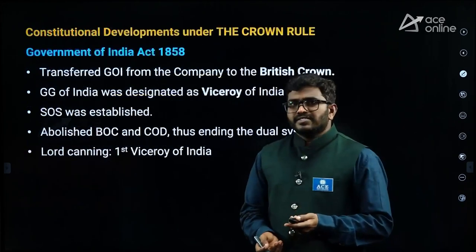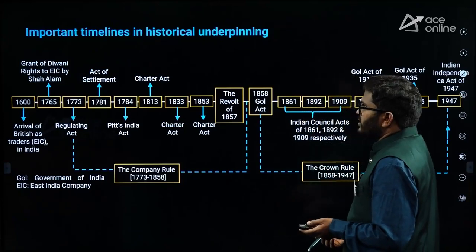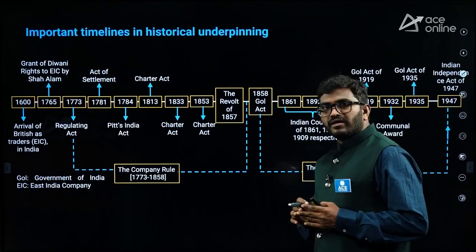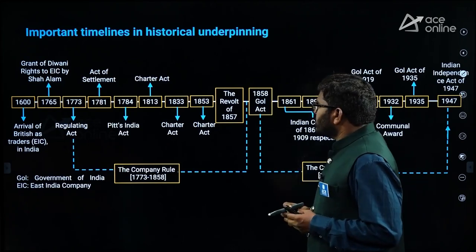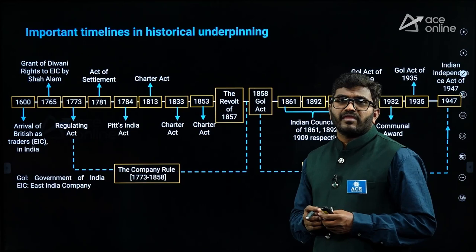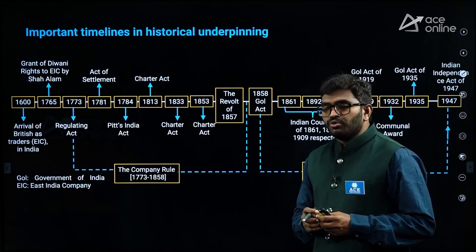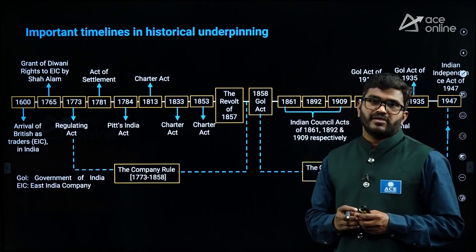You can see the timeline here. The company rule lasted up to 1857. In 1857, the Sepoy Mutiny happened, when the soldiers revolted against the British.